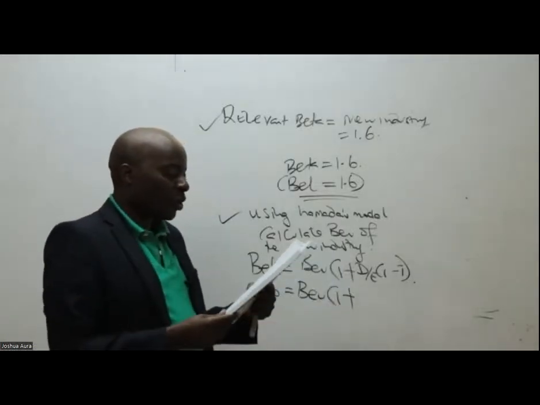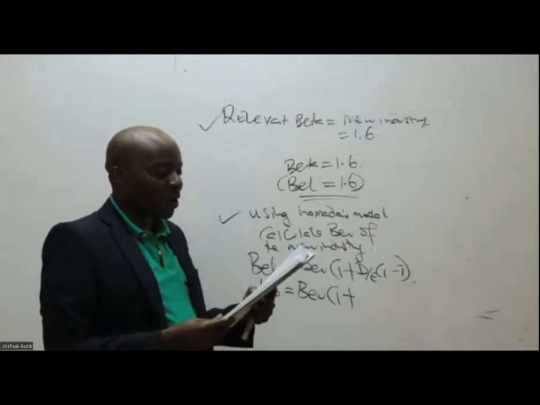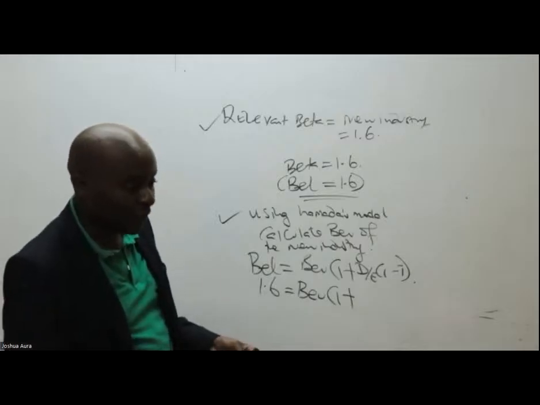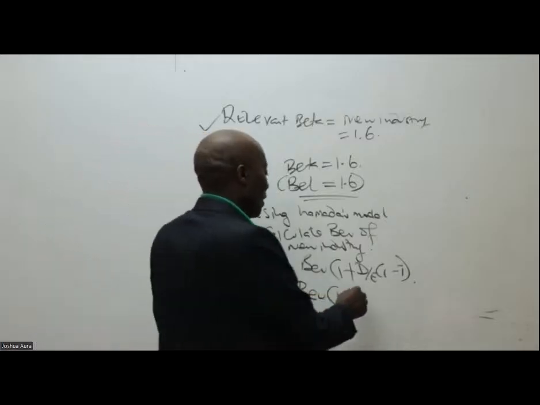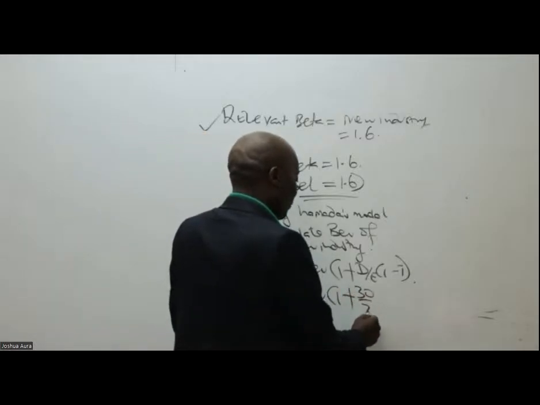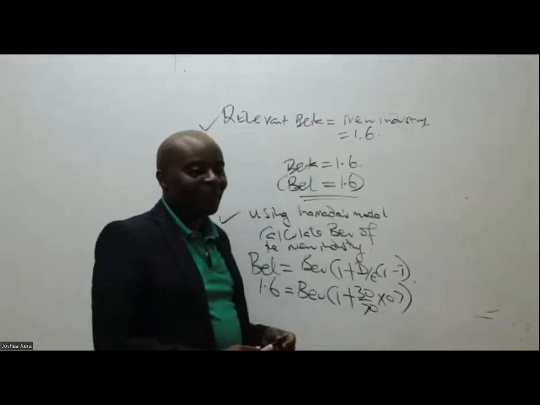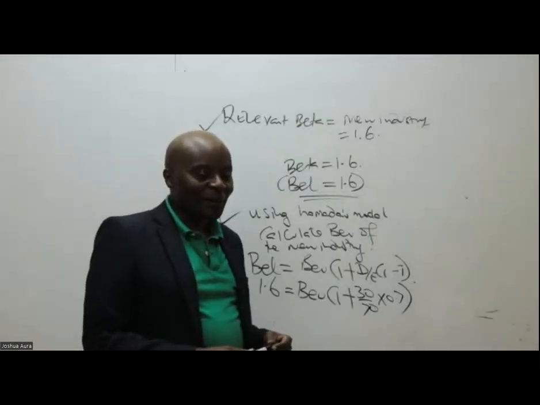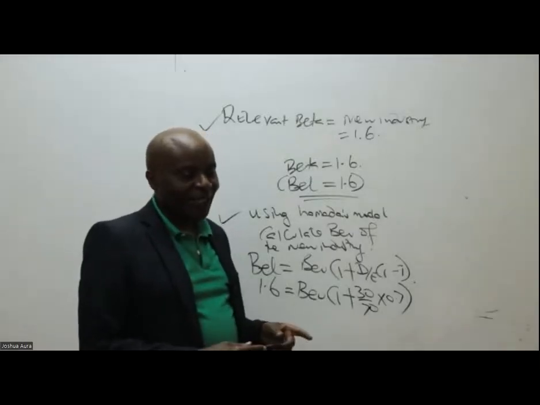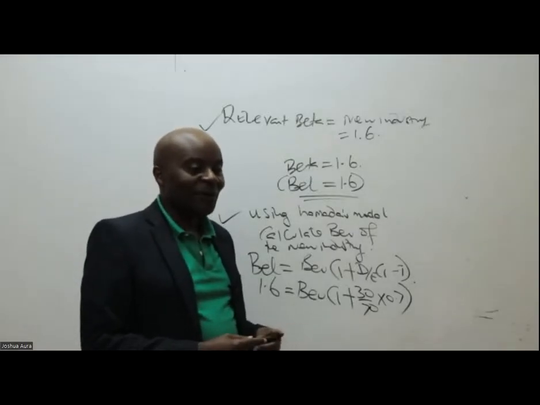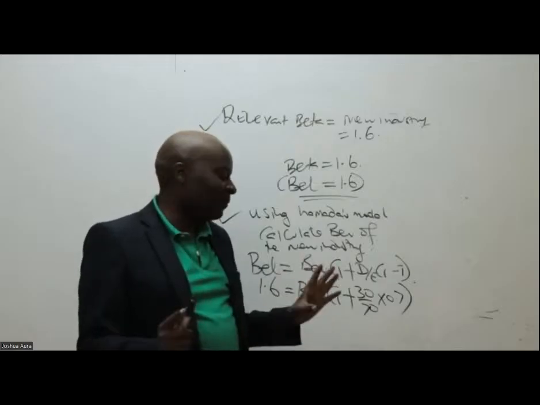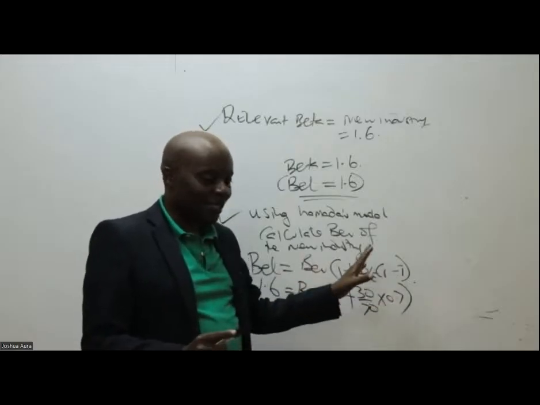The new industry, which is the electronics industry, debt is 30%, equity is 70%. So 30 over 70 into 1 minus tax, which is 30%, so 0.7.